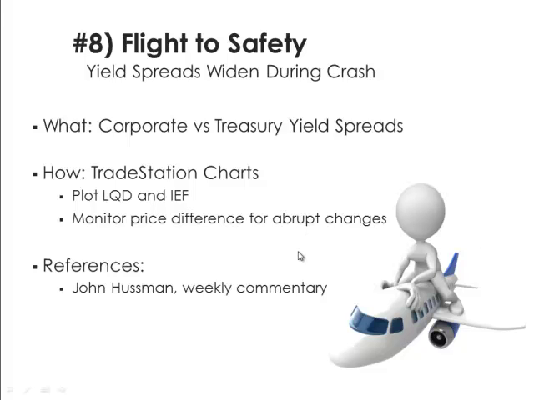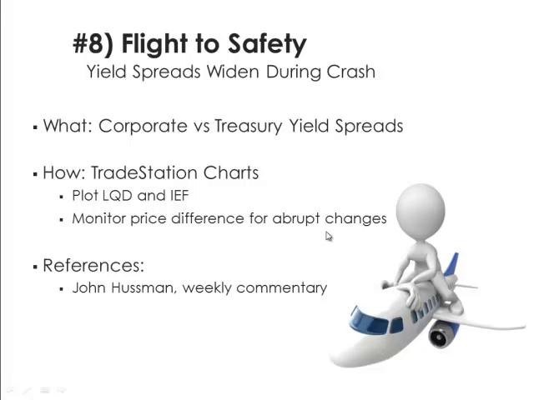One is the LQD ETF, which is composed of corporate bonds at about 7 years duration. The other one is IEF, and this is treasury bonds of 7 years duration. And what I do on a TradeStation chart is I monitor the difference between the two.